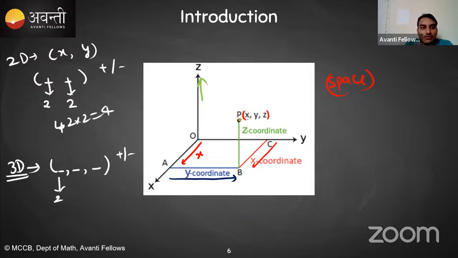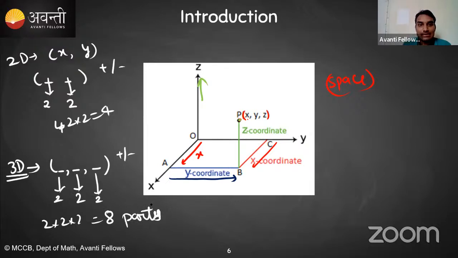Corresponding to each of those, the second will again be filled in 2 ways, positive or negative, and the third again 2 ways, positive or negative. So 2 into 2 into 2 means 8 parts. It means my three-dimensional axes will be dividing my space into 8 parts. Is that clear?